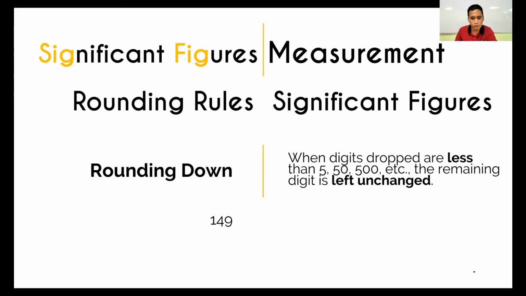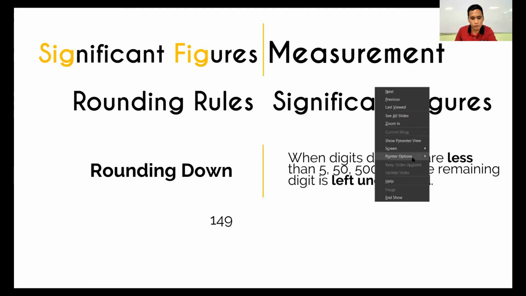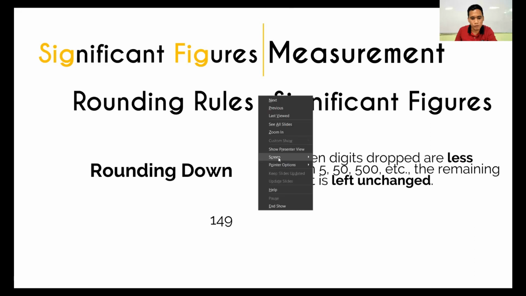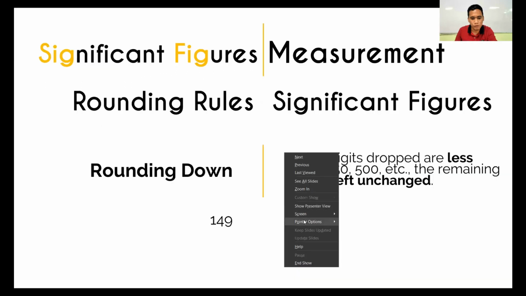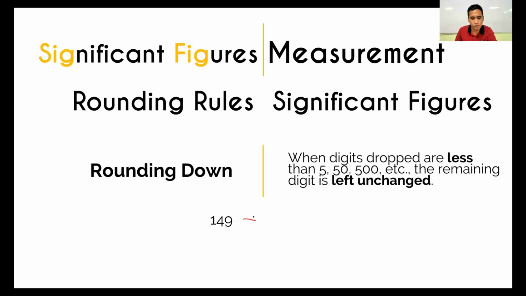For example, 149 rounded to its nearest hundreds. Since the digit is 4, you round down, or leave it unchanged, so it is equal to 100.